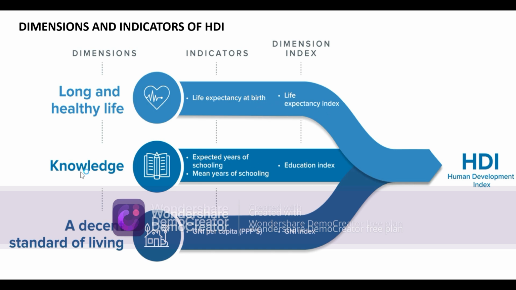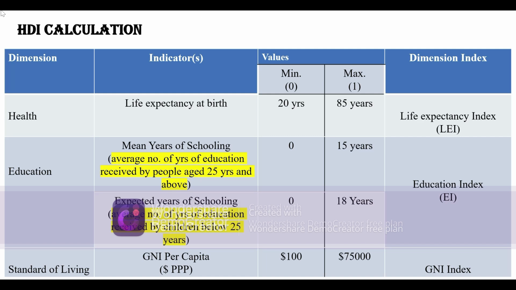The knowledge or education dimension has two indicators: the first is expected years of schooling, and the second is mean years of schooling, from where we estimate the education index. The decent standard of living indicator is GNI per capita in purchasing power parity, where GNI is the gross national income, from where we estimate the GNI index. All these three dimension indices will give us the Human Development Index score. So this is how to calculate the HDI.